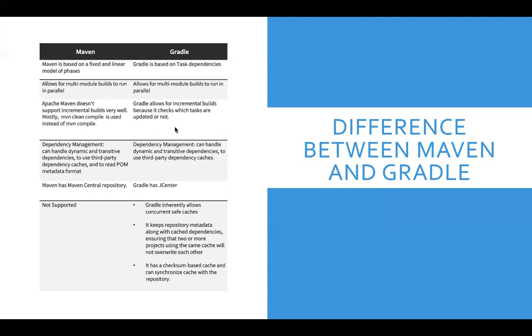Gradle provides inherent concurrent-safe caches. So the Gradle cache we saw handles concurrency as well. It keeps the repository metadata along with the cached dependency, and whenever it updates its cache, it checks a checksum to see if it has changed or not. If it changes, only then does it update the repository.